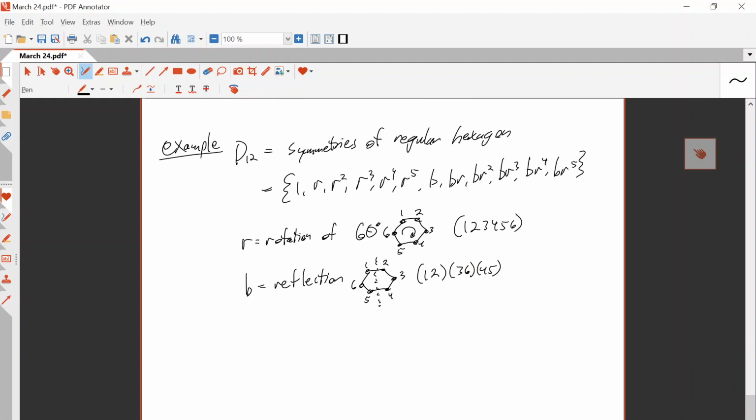And a normal subgroup is the following: 1, r to the third. That's going to be a normal subgroup. You can check that. That's a normal subgroup of D12.